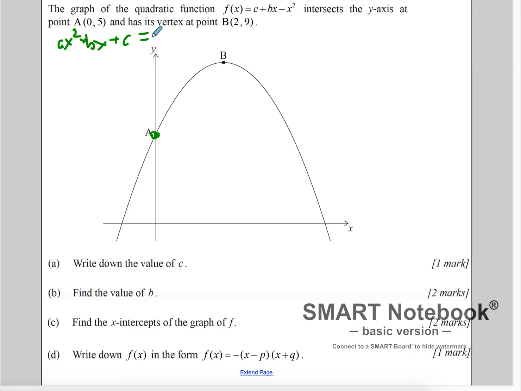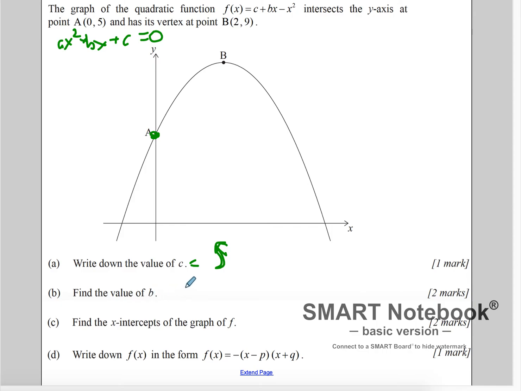Our c value is always our y-intercept. Well, they told us what our y-intercept is, right? They said it was (0, 5). So our c value must be equal to 5.